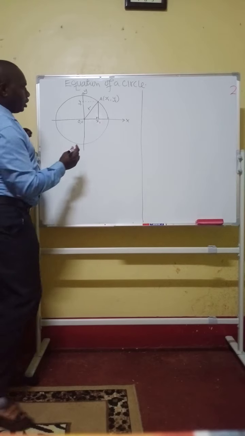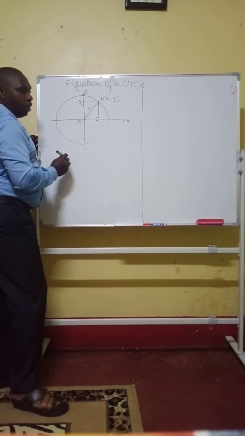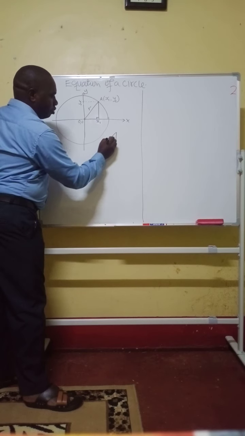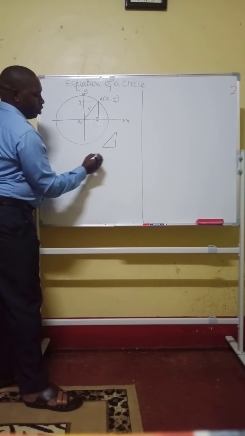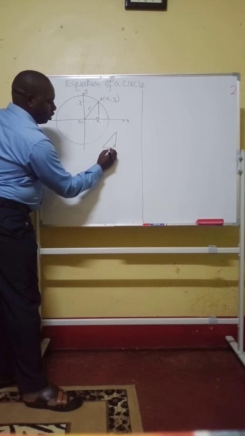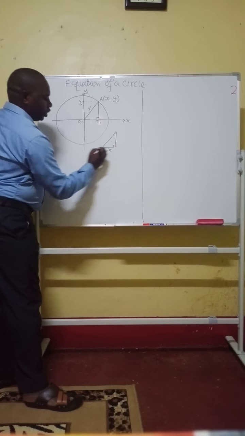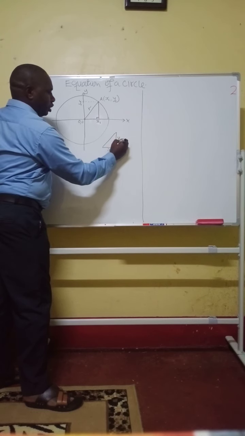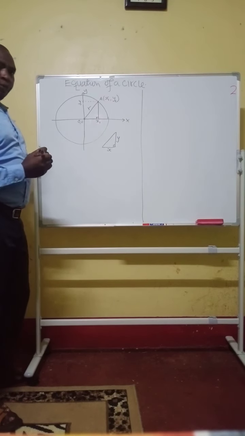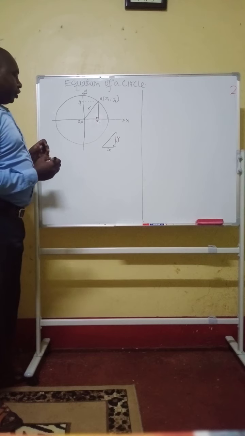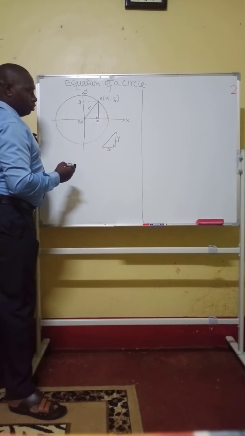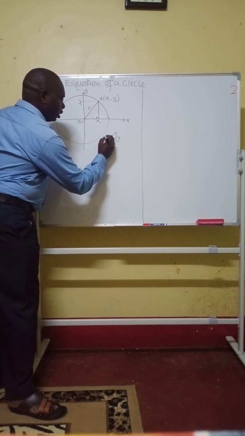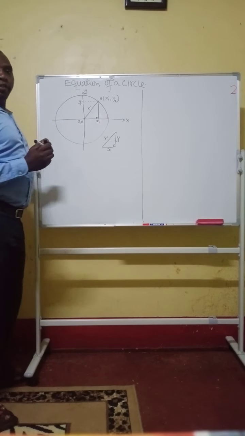Now, when we extract this particular triangle here, we realize that we end up with a right-angled triangle whereby the value of this point here is actually x, and this value here is actually y units. And therefore, when we use the Pythagoras theorem, we can easily get our r.